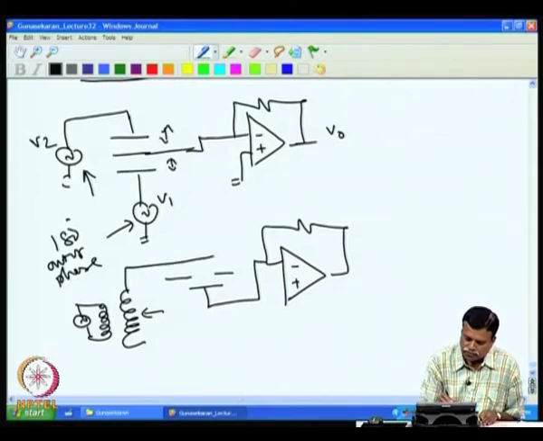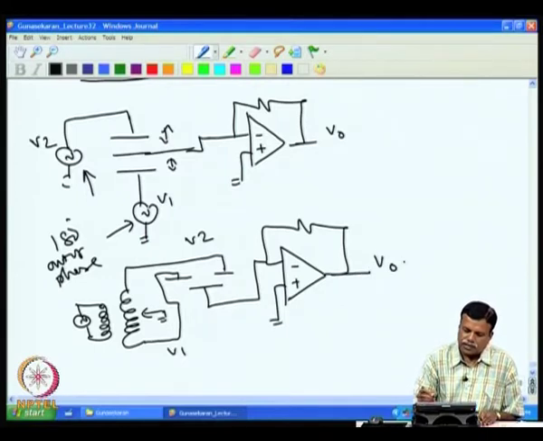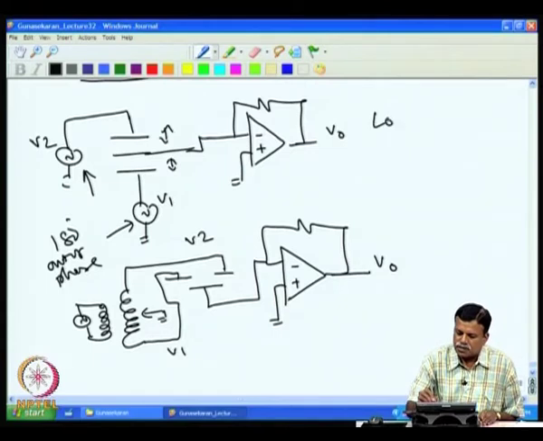So, this is grounded and the other source is connected to this. You will have V1 and V2, and then the output voltage here. This is the second method, that is low Z with space variation.